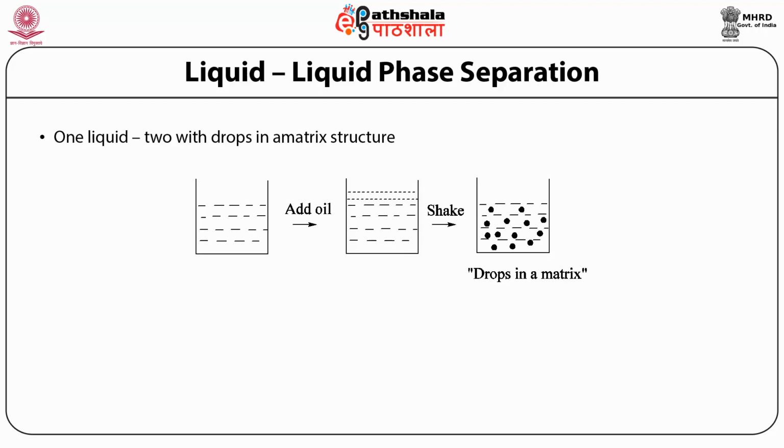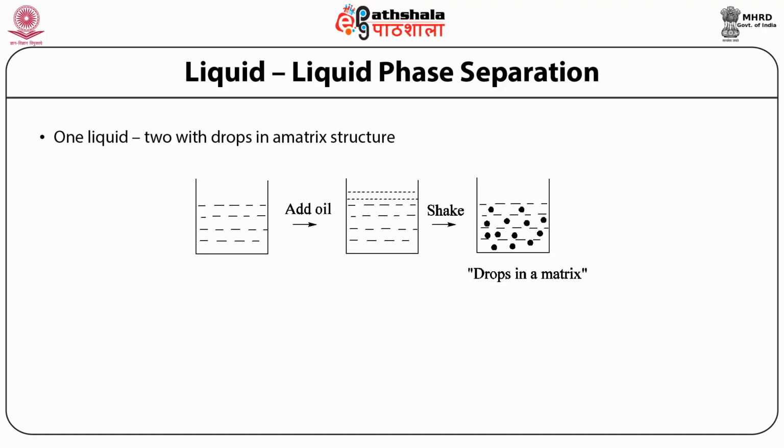If the container is closed and shaken vigorously, the oil breaks into droplets which are dispersed in the major phase, that is water. The two, oil and water, are still immiscible, but the morphology has changed from a layer structure to drops dispersed in a matrix structure.